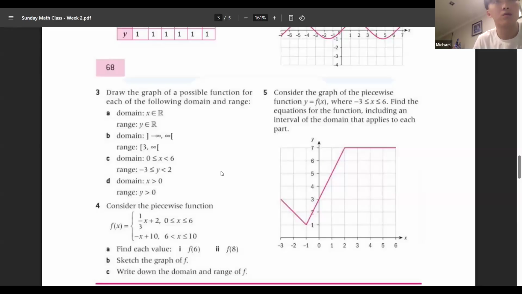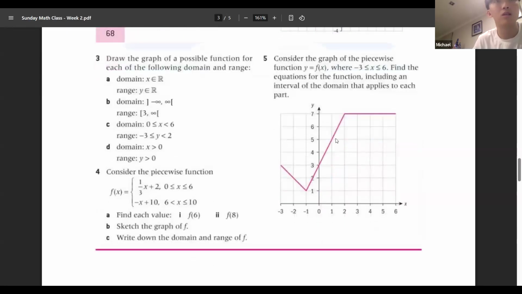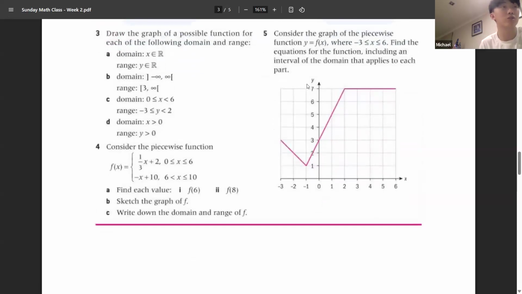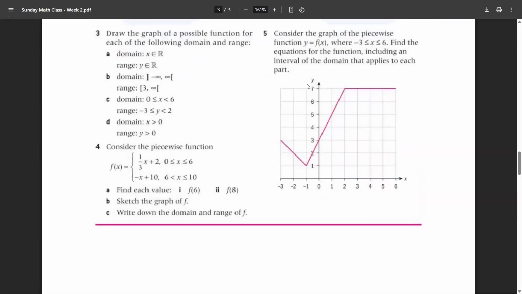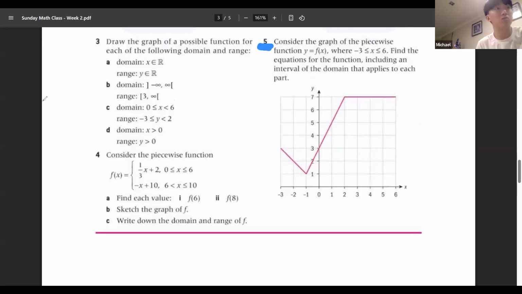Consider the graph of the piecewise function. Find the equation of the function, including an interval of the domain that applies to each part. So it's pretty much giving you this graph and then asking you to find the equation.